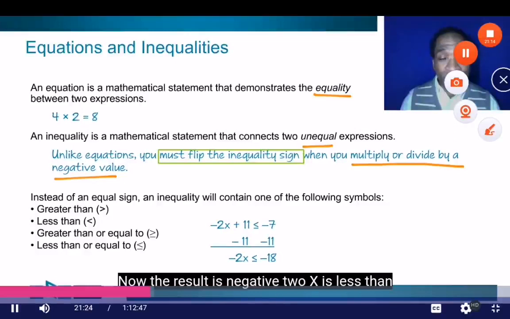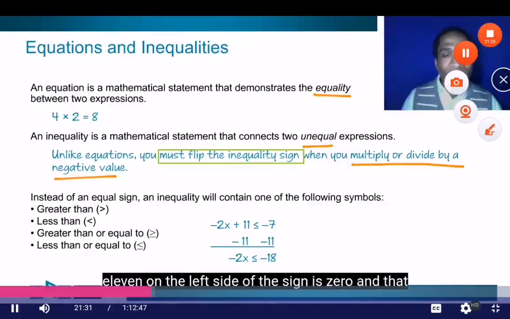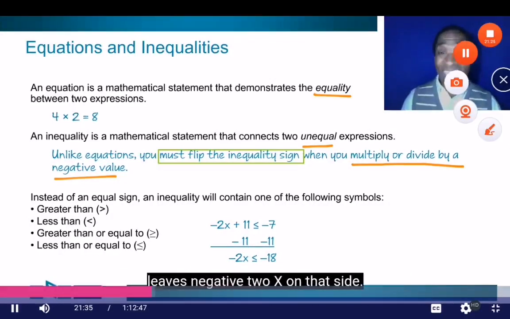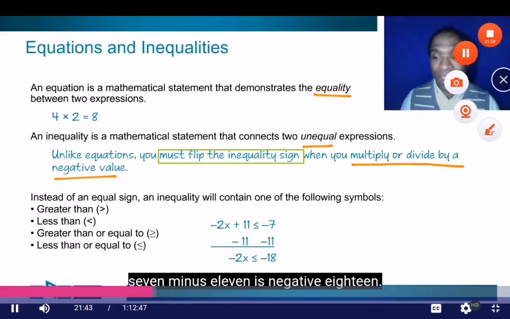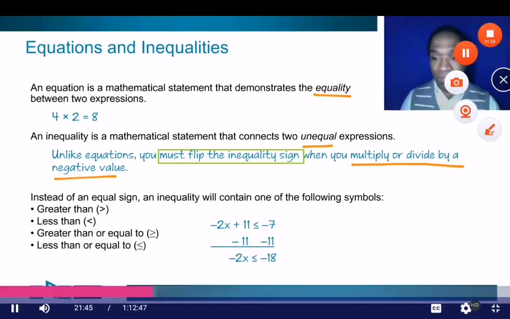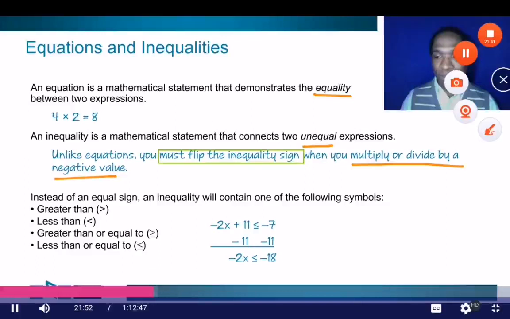Negative 2x is less than or equal to negative 18, because 11 minus 11 on the left side of the sign is 0. And that leaves negative 2x on that side. And on the right side of the inequality, negative 7 minus 11 is negative 18. And note, we don't flip the sign. At this point, we didn't multiply or divide by a negative.